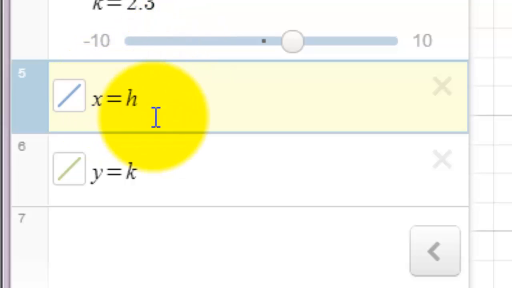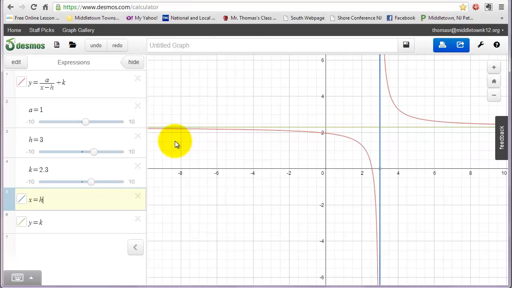So our equations for vertical asymptotes will be x equals h, and the equation of our horizontal asymptote will be y equals k. So let's use this understanding of the behavior to see if we can sketch a function of this form by hand without using the graphing utility.